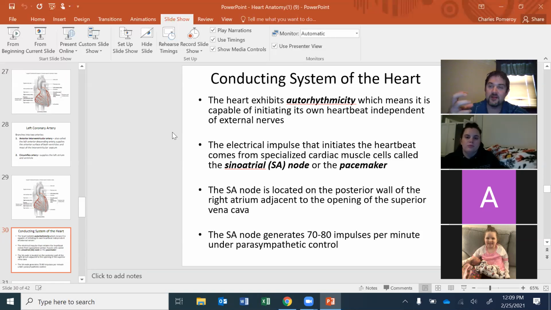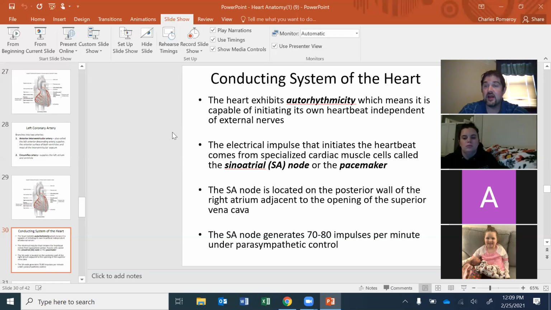What's cool about the heart is those nerves inside the heart can spontaneously depolarize, fire a message, spread it through the heart, and then repolarize, reset, and fire again over and over and over again. They're doing it every second of your life.